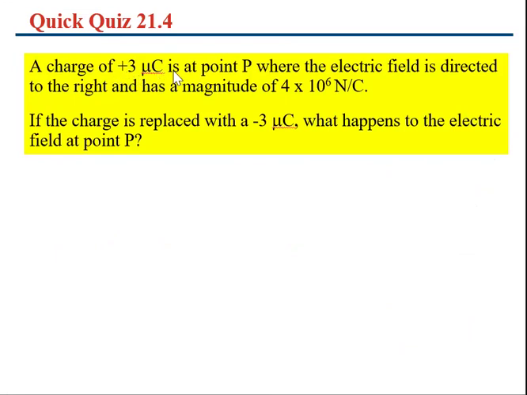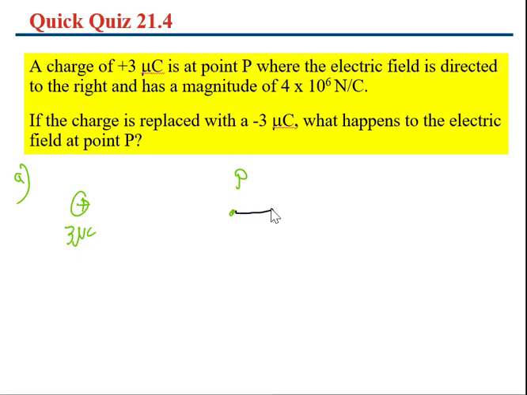A charge of 3 microcoulomb is at the point P where the electric field is directed to the right and has a magnitude of 4 times 10 to the power 6 Newton per coulomb. If the charge is replaced with -3 microcoulomb, what happens to the electric field at the point P? In the first situation, A, the charge is 3 microcoulomb, and this is our point.